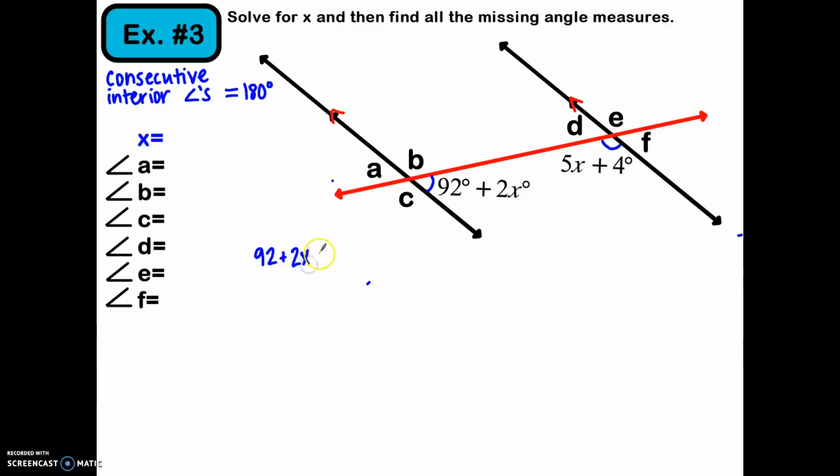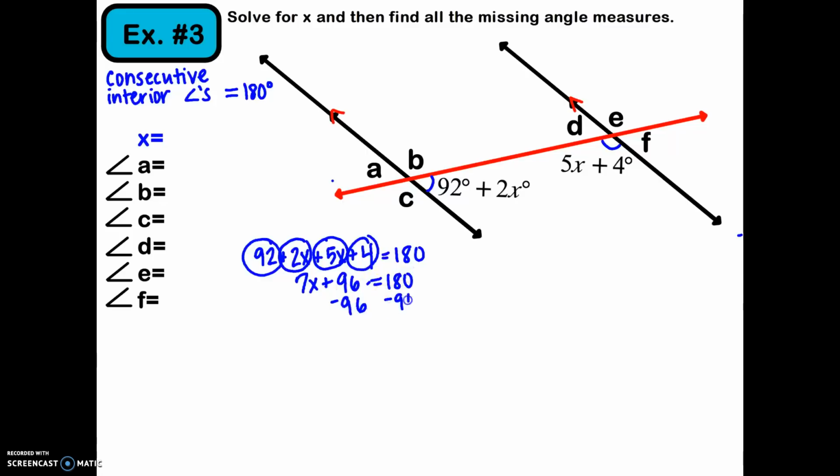92 plus 2x plus 5x plus 4 equals 180. I don't need parentheses around this because I'm adding, and when I add, multiplying by that invisible 1 doesn't change anything. Combine my like terms. Same old algebra stuff. 92 plus 4 is 96.